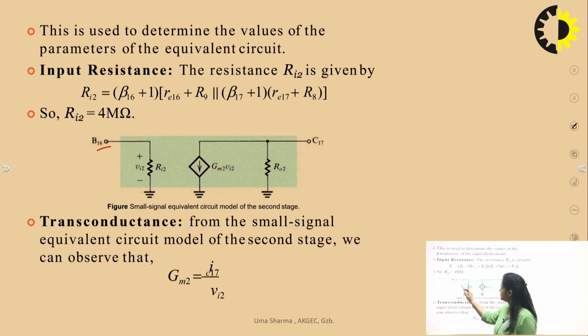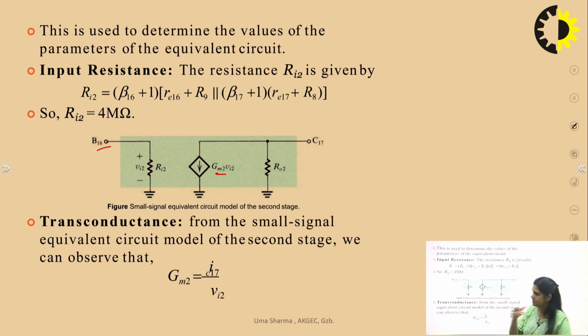We have modeled the input of the second stage by Ri2, the input impedance. The gain is again represented by Gm, the transconductance of the second stage, and the current can be written as transconductance multiplied by the input voltage.